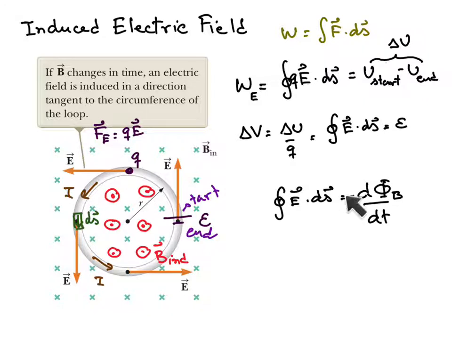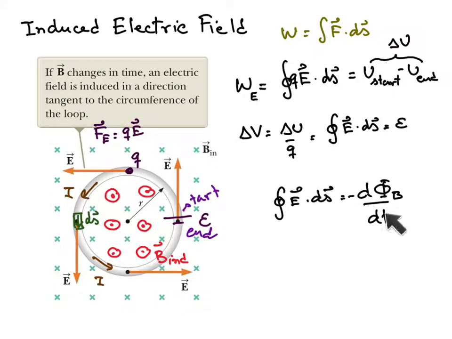The minus sign again can be interpreted using Lenz's law, that the current driven by the electric field will be in the direction that produces the induced magnetic field that goes against the change of the magnetic flux.